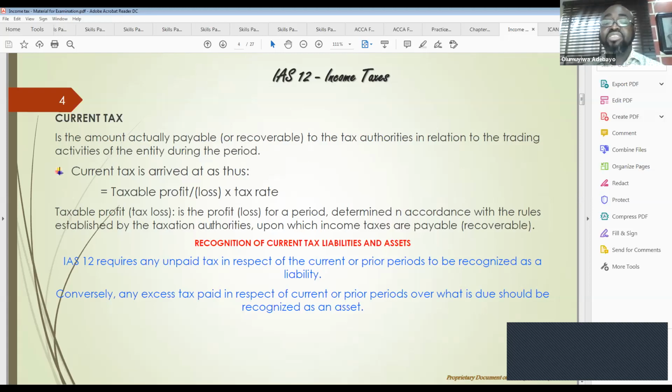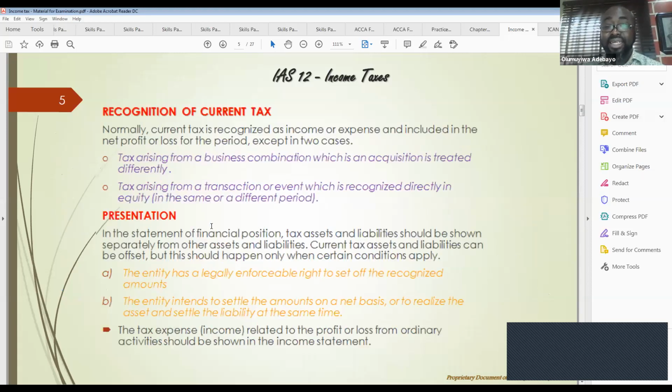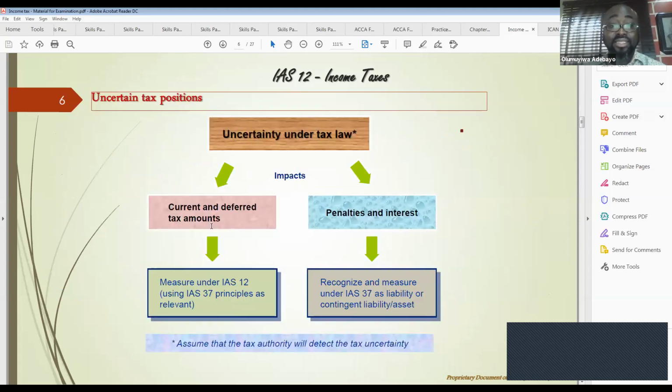And most times, after reconciliation, arguments, objection, and so on, we always come to a level ground whereby we both shift. And that shift always causes an adjustment or usually an additional assessment to taxes. And in that situation, it creates an uncertain tax position.